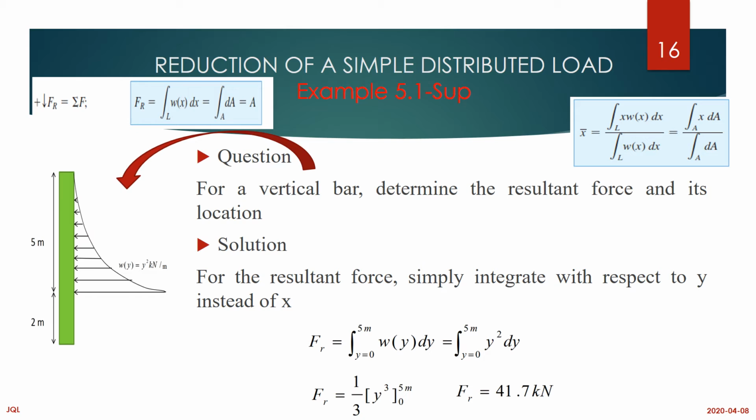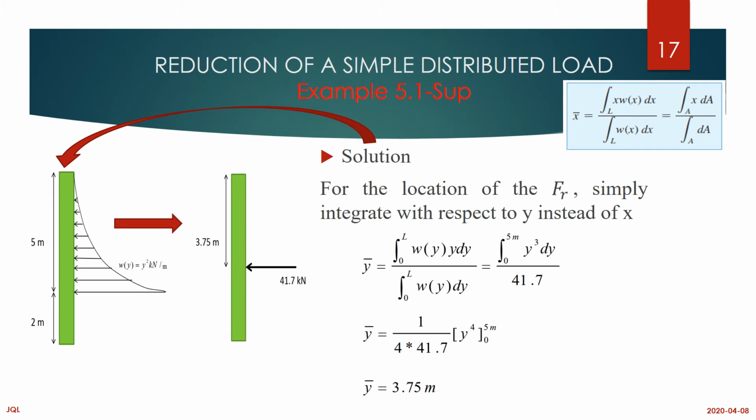We find the area, it will be 41.7, which happens to be the FR, the resultant force. Then we do the same with the location, where we calculate the volume over the area, which is 41.7. We do the same integration here. This is going to give us the volume, this is going to give us the area. Then we'll find the position where our FR is being applied.